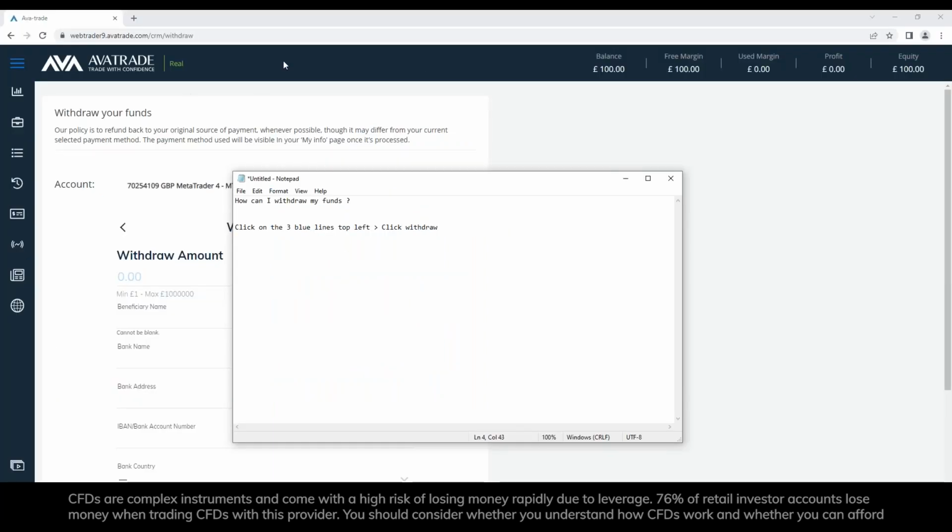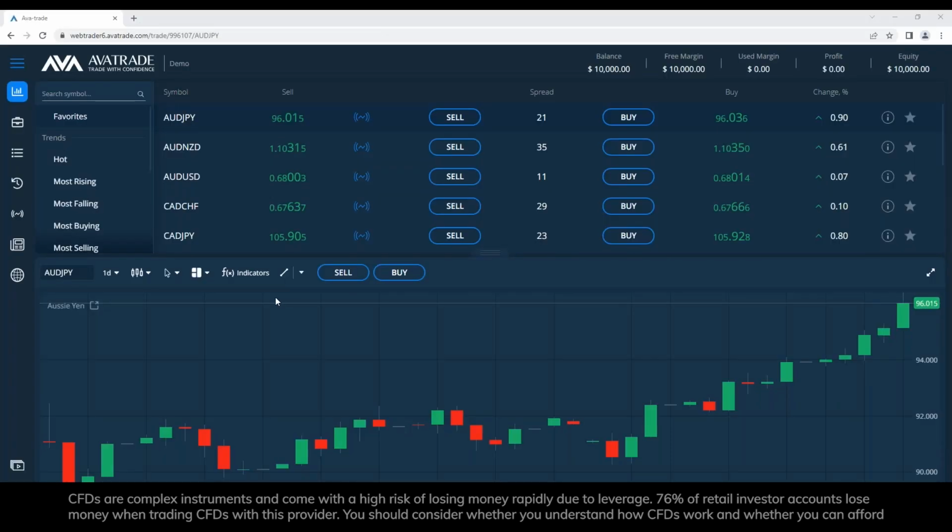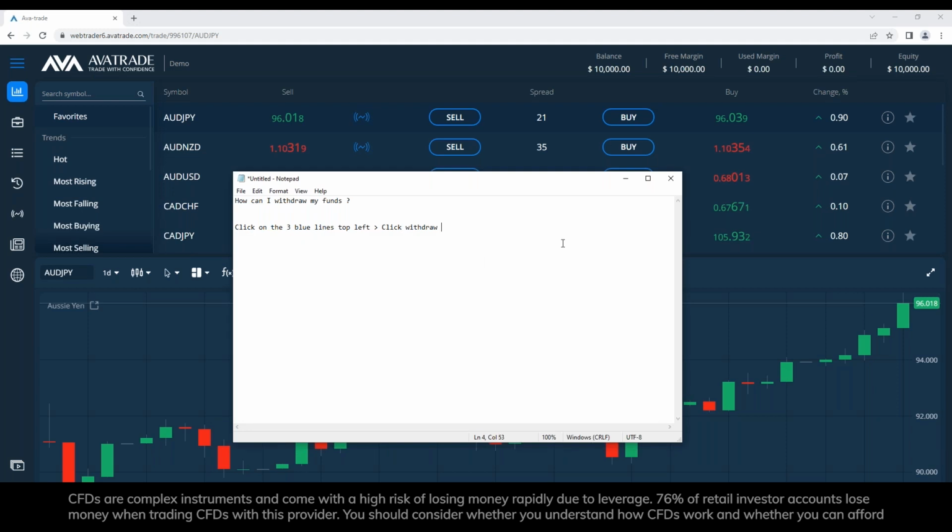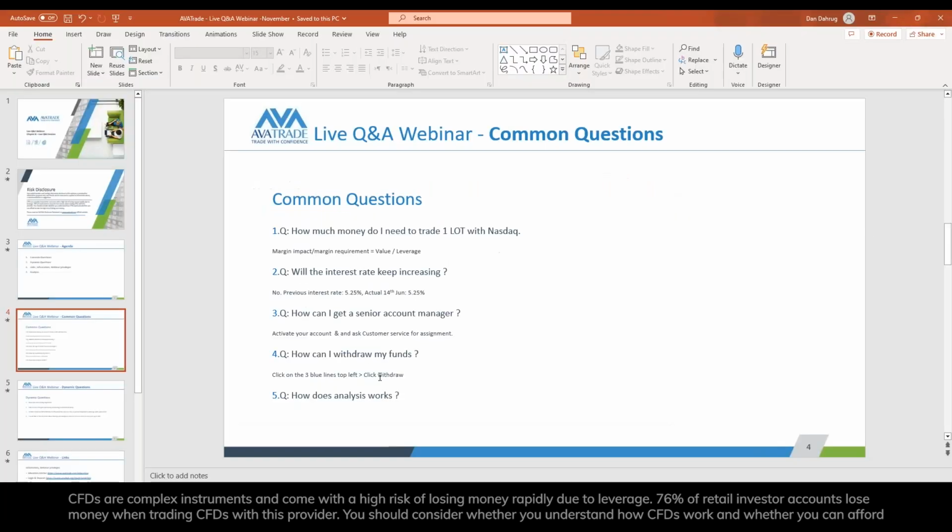Let me change just a second, guys, back to the account. Okay, so how does analysis work? Analysis is divided into two main fundamentals.